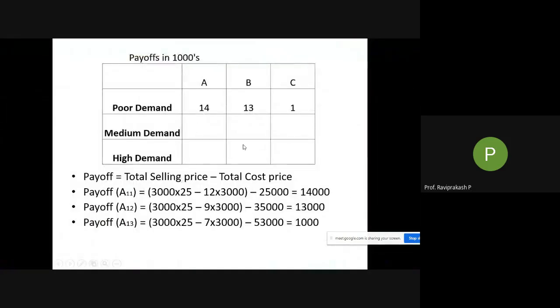Okay, can you please repeat the values again for medium demand? So this is 66,000, this is for A21. 66. Okay, next one. 77,000. 73,000. 73.